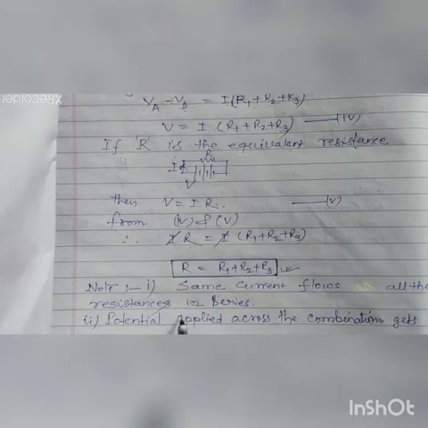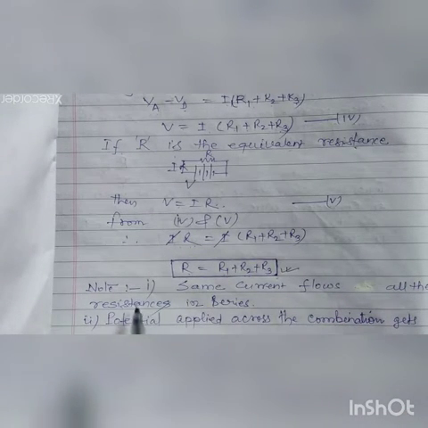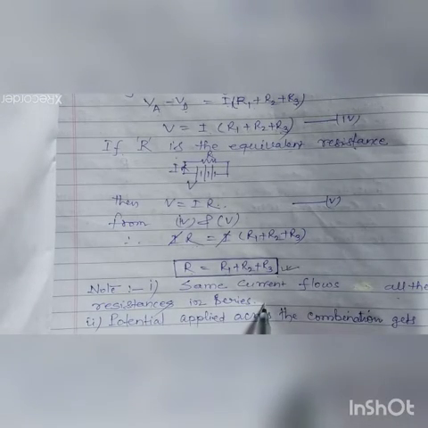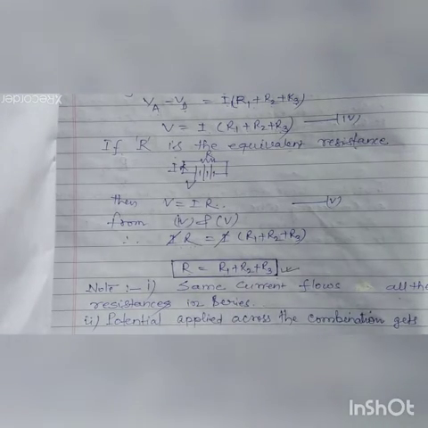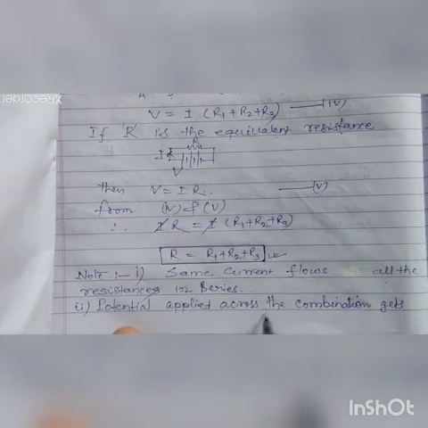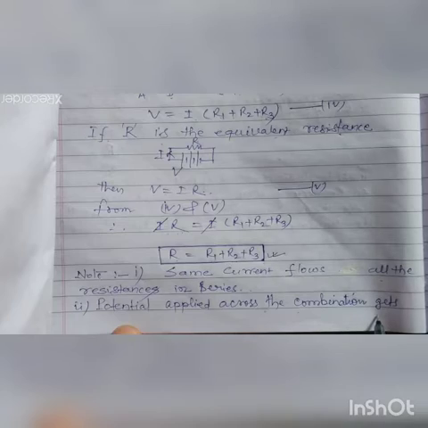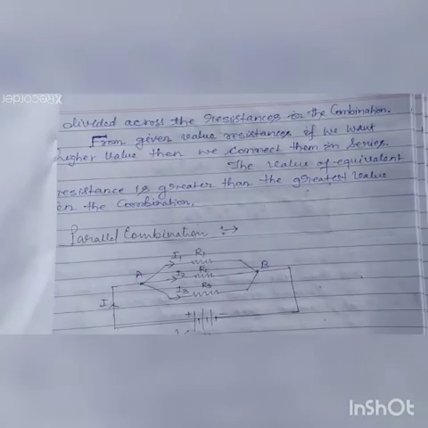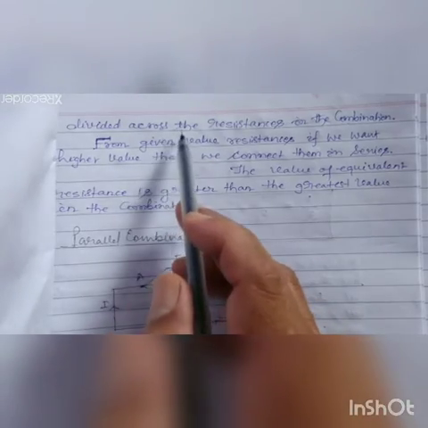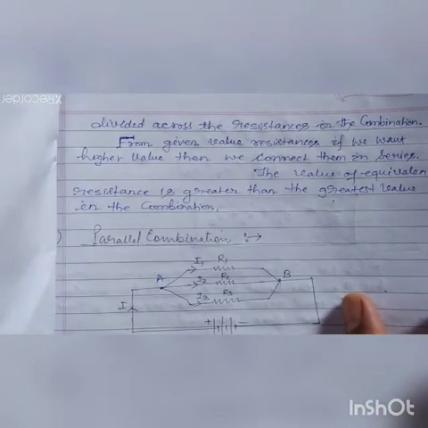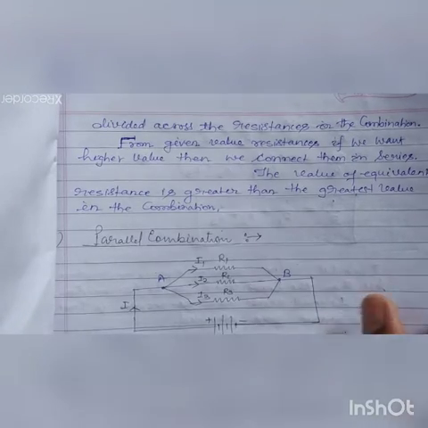Now, important points regarding series combinations are: the same current flows through all the resistances in the series. The potential applied across the combination gets divided across the resistances in the combination.